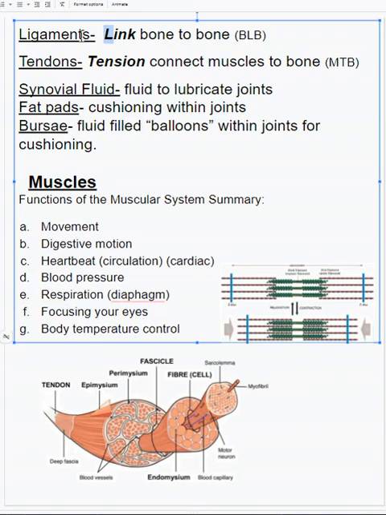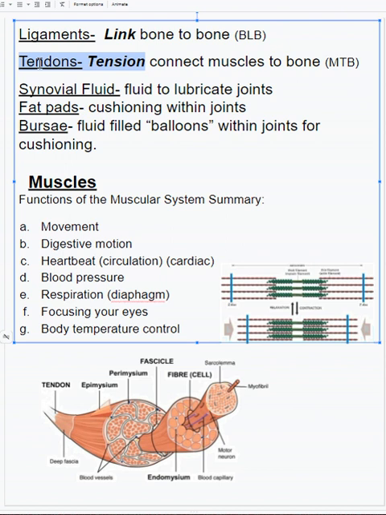Ligaments don't help you move, they keep your bones together. Now, once you've got all the bones connected together, you can put tension on them with tendons. Tendons connect bone to the muscle, so you can pull the bones in a direction that you'd like to go.